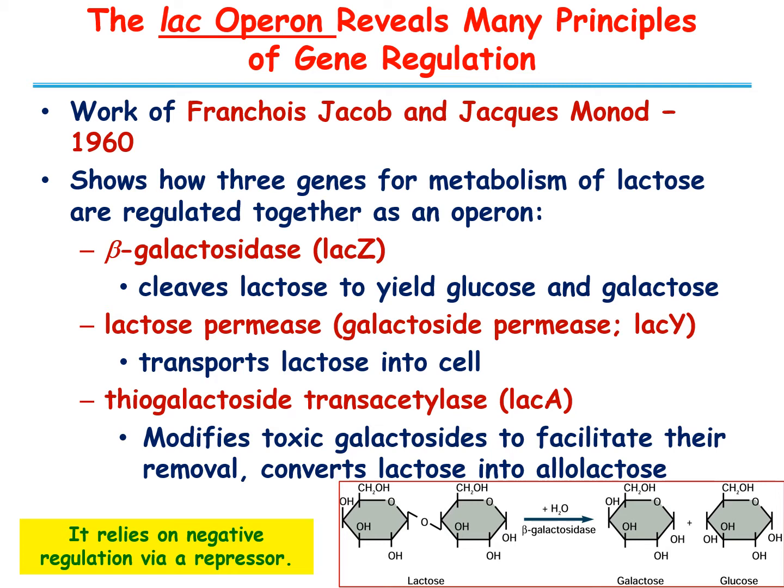So it has to be turned off. So there comes the role of the repressor. And you know from your previous lecture that whenever the repressor is there, the operon is said to be negatively regulated.